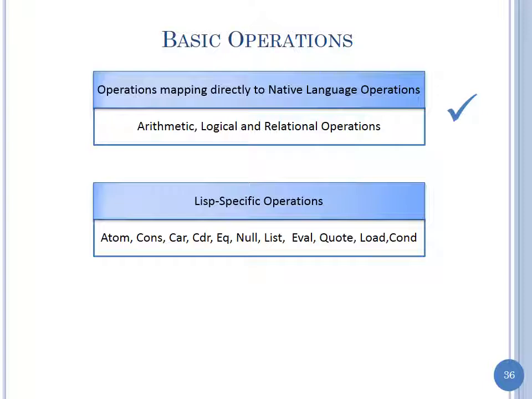We understood how they behave by analogy with Java, but we want to really understand now and answer the kind of questions that I see on Piazza. What does car do in this case? What does cons do in this case? As I was walking down, I heard somebody say, I really don't understand what cons does, and that's good. The more you know what you don't know, the better. So it's good.